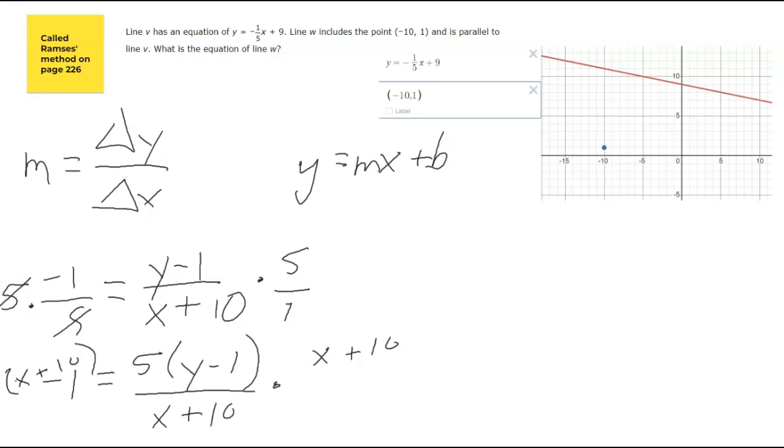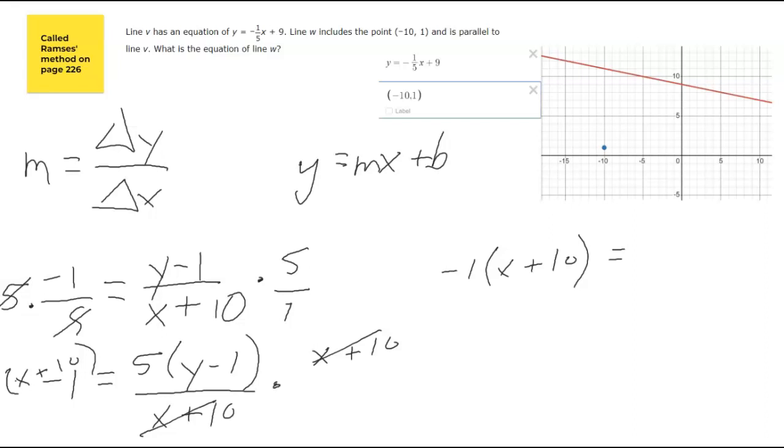All right, so now x plus 10 times negative 1, let's write that here, and then over on the other side of the equal, this and this are the same, so they become 1. And so we're left with 5 times y minus 1.